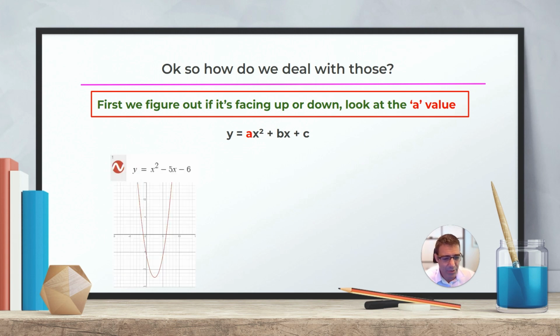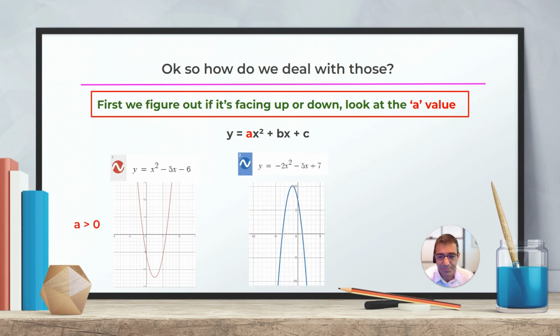So in considering whether it's facing up or facing down, we're going to look at the value in front of x squared. Here there's a red curve, and we notice that the value in front of x squared is 1. Well, we don't actually see it, but we see that it's 1x squared. And so the a value is positive, and we have this kind of facing up smiley face parabola. And in the blue curve, we notice it's written negative 2x squared minus 5x plus 7, and the a is negative 2.